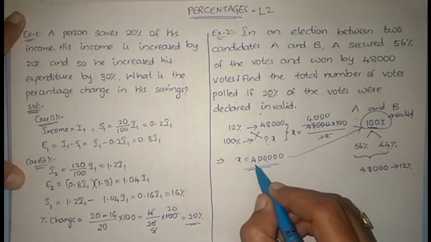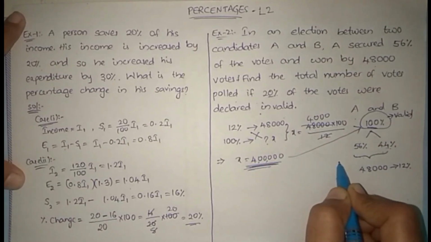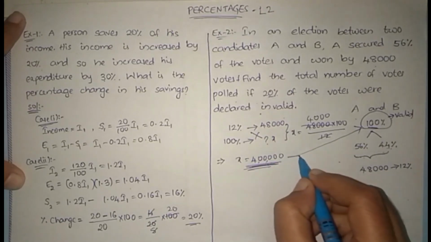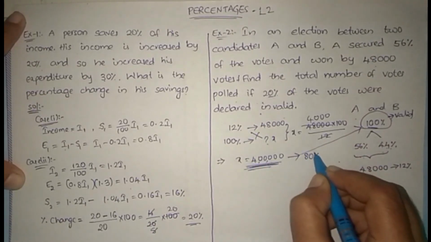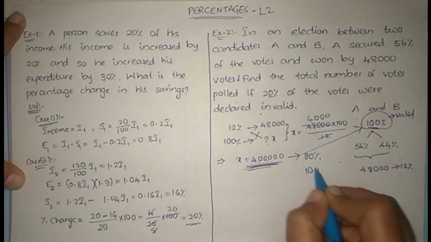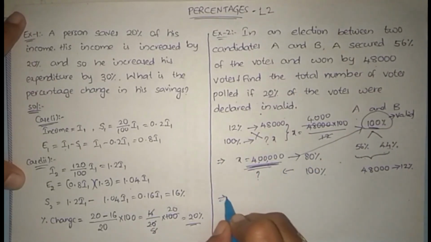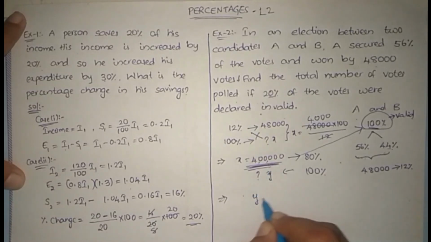That means this is only 80% of the total votes polled, which are the valid votes. Fine. So let us take these 4 lakh votes as 80%, and we need to find out the 100%. Let us calculate again. Let us take it as y.